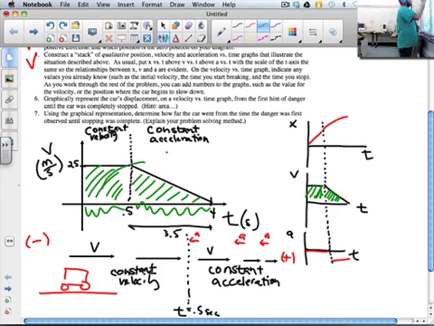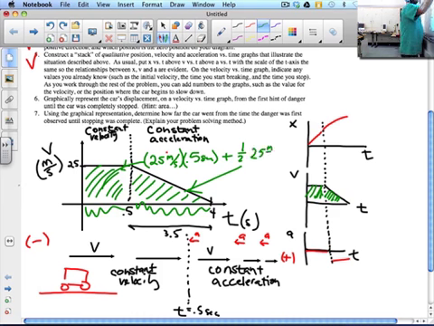It's just going to be 25 meters per second times 0.5 seconds plus, now we need the triangle's area, which is that. That's going to be 1/2 times 25 meters per second times 3.5 seconds. So half of 25 is going to be 12.5. And the units become meters because the seconds cancel out here.